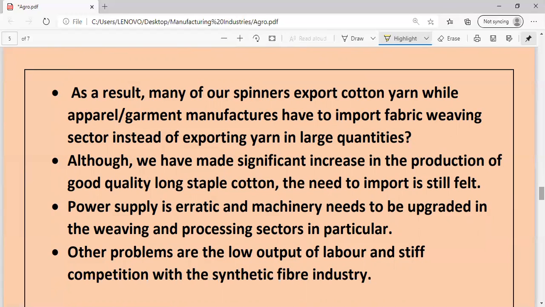Although we have made a significant increase in the production of good quality long staple cotton, the need to import is still felt. We are producing a large quantity of cotton yarn, cotton thread, but still people are demanding more and more.